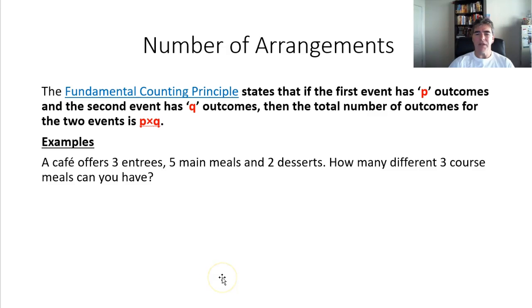We're going to look at how many different 3-course meals we can have. So the number of meals, we've got 3-course meal here, entrees, mains, and desserts. So we can have 3 entrees, 5 main meals, 2 desserts, multiply those together, and we've got 30 different possibilities.